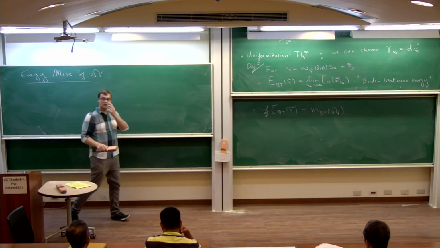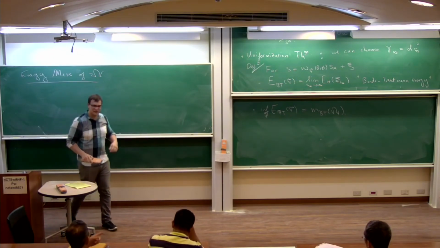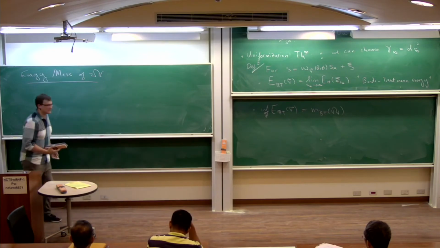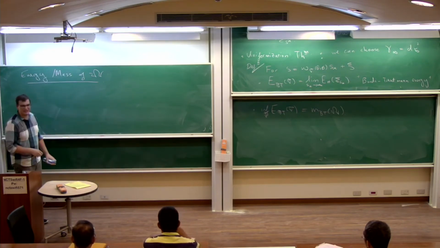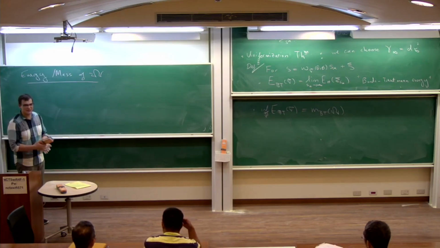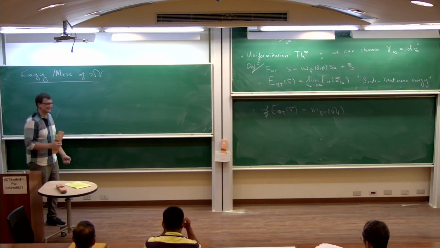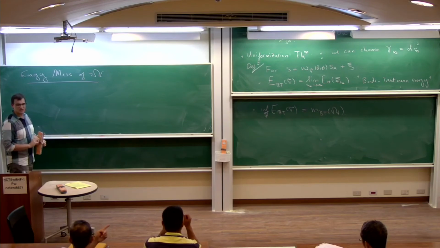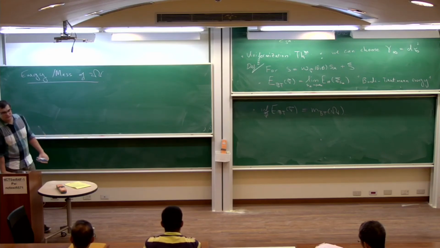Sorry? Say again? You're going to have to dig into some interesting Shoen-Yau proofs of positive Bondi mass that I'm definitely not going to go into. By using the Hawking mass definition, it's not easy to see this derivative. No, not that I know of.